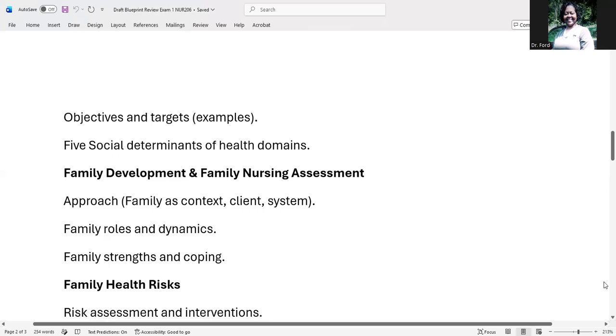So understanding roles and the dynamics, sometimes we have to schedule those home visits and make sure that, at a minimum, the key family members are there. When we go into the home, we want to plan for the visit.